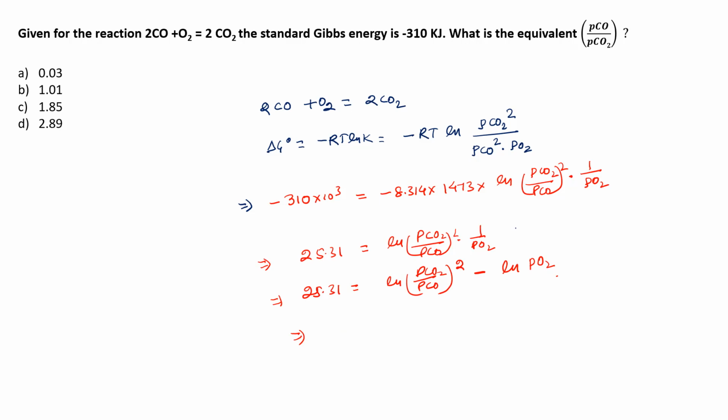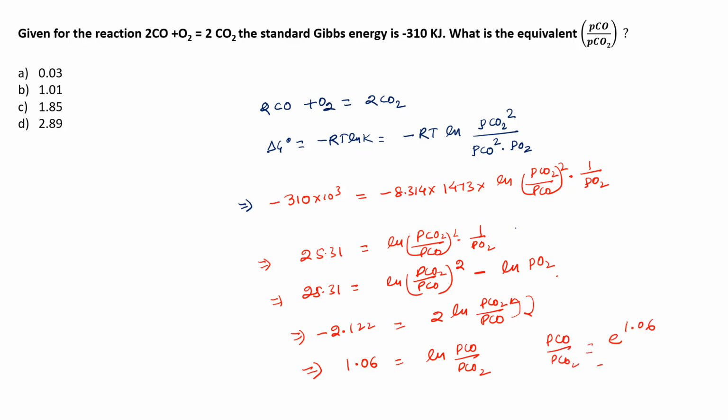I've done the calculation, so here it will be minus 2.122 is equal to 2 times ln PCO2 by PCO. Now we can do some calculation, and it will be 1.06 equal to ln of, if we reverse this, PCO by PCO2. This PCO by PCO2 will be equal to e power 1.06, so it will be equal to 2.88.